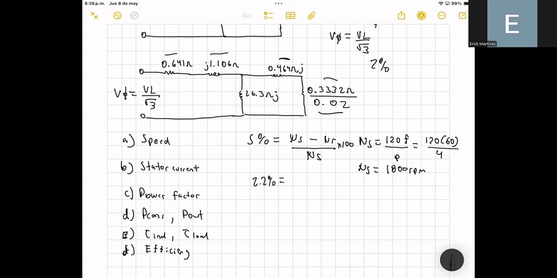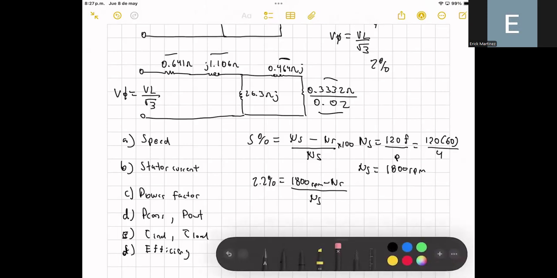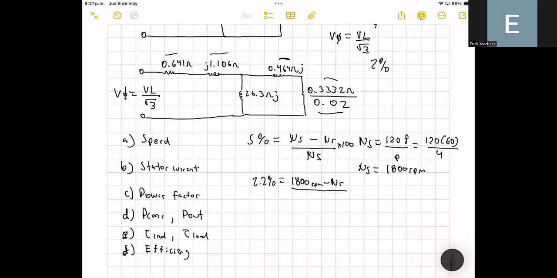This is the synchronous speed, 1,800 revolutions per minute, minus the rotor speed, and you need to divide that by the synchronous speed.